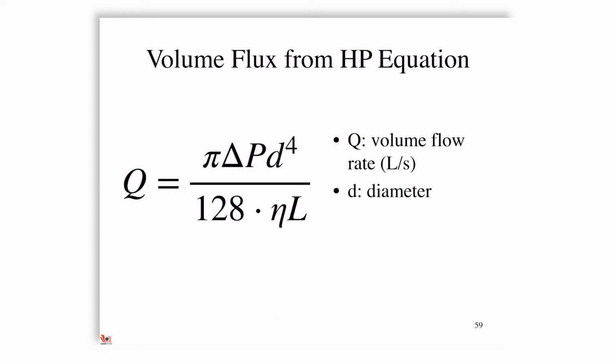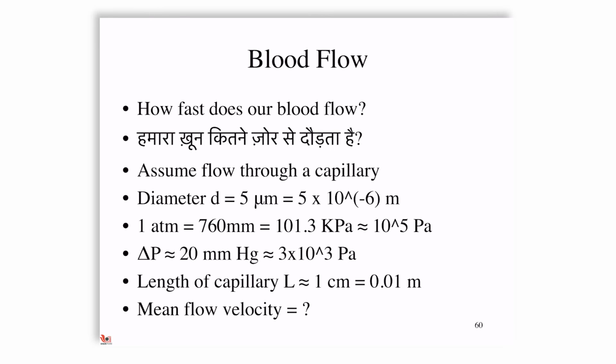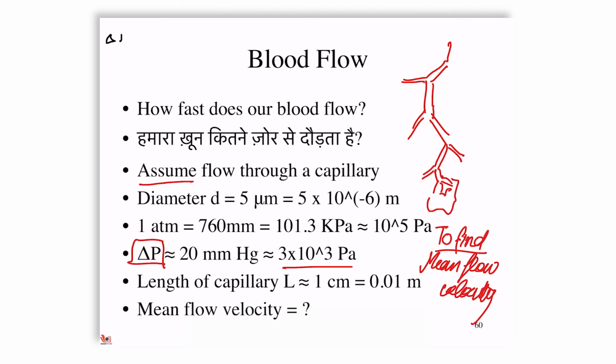So to calculate the mean flow velocity, we only need to substitute into this. Since length is, we said, 1 centimeter, that is 0.01 meter, 1/100th of a meter. Delta P was 3000 Pascal. And the denominator has the constant 32.